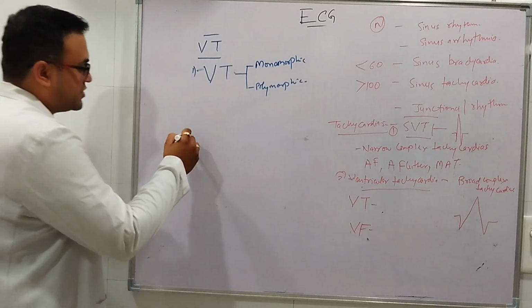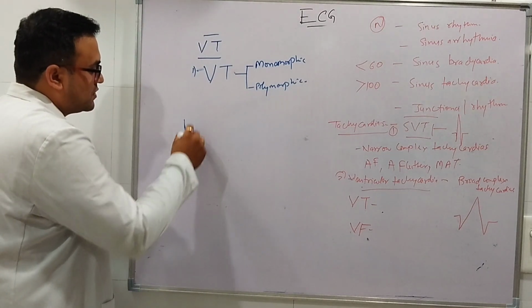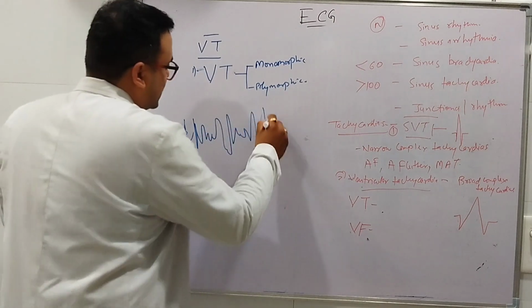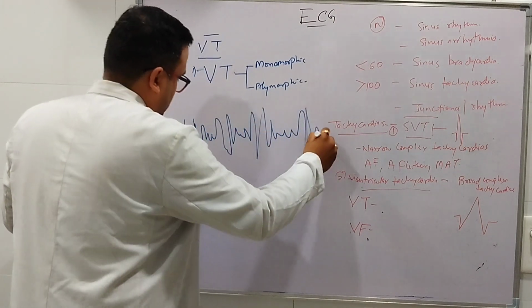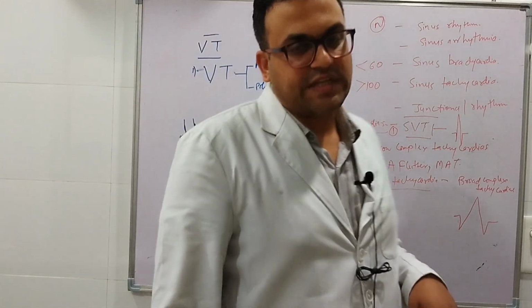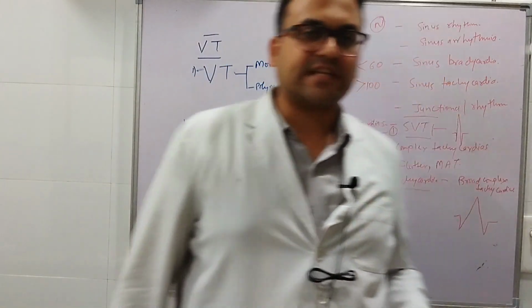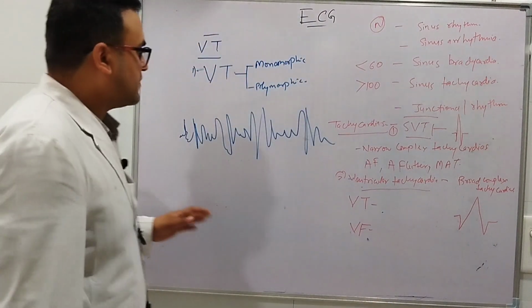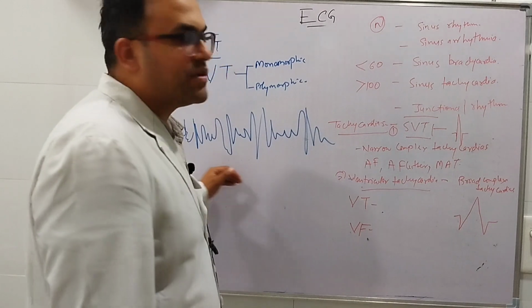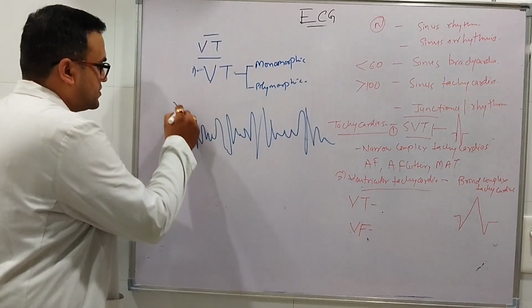Ventricular fibrillation, if we see, there will be bizarre QRS complexes, and it is a very acute emergency. All the VTs are acute emergencies. So there will be bizarre QRS complexes, and this is called ventricular fibrillation.